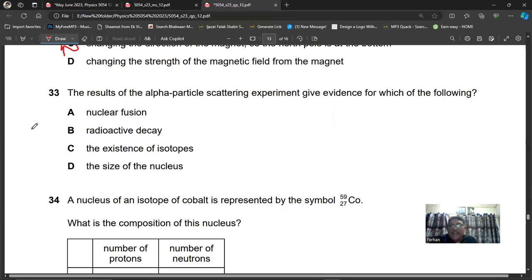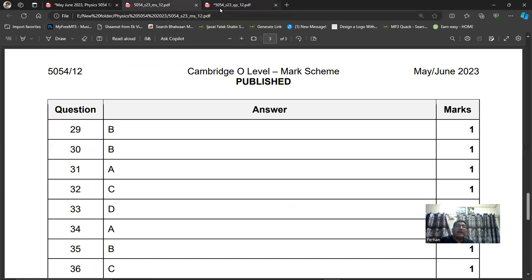Most of the space in the atom is empty, and there is a small place at the center, which is the nucleus. All the mass of that atom is in that nucleus. So the size of the nucleus, I think D is the best option, sir. Question number 33, D is the right option, sir.